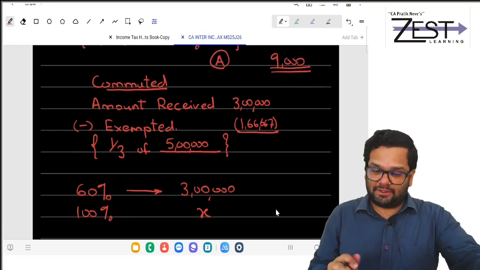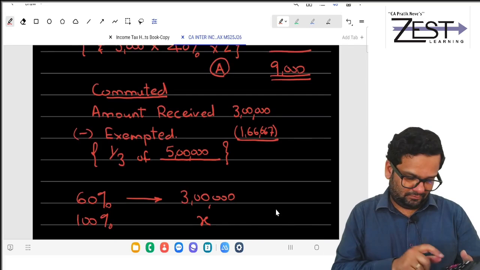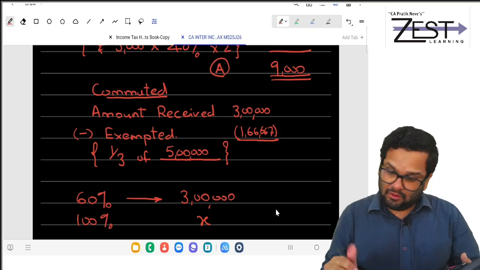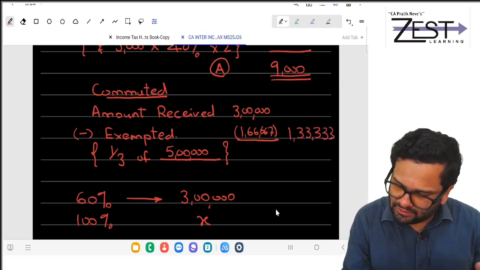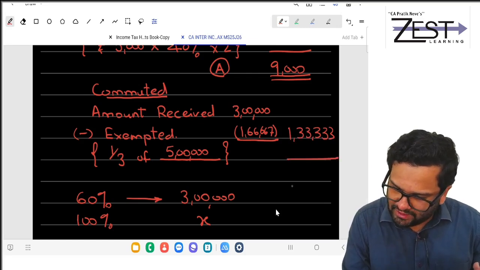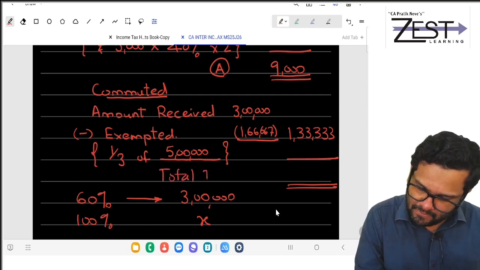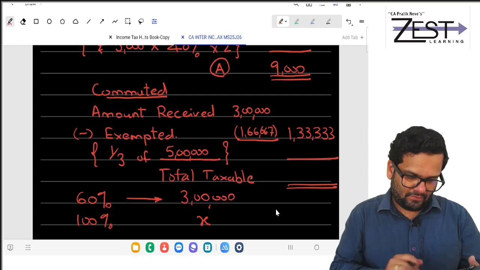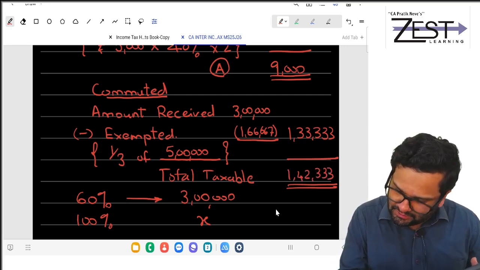So what is taxable? 1,33,333. So what is the final total taxable pension? 1,42,333.